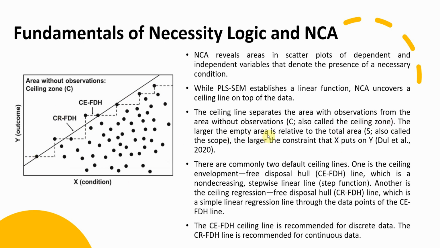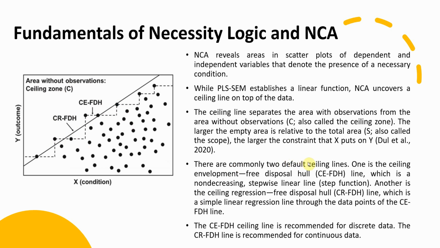The larger the empty area is relative to the total area, the larger the constraint that X puts on Y. So if you have more empty area here and all the observations are under this ceiling line, and this area increases in size relative to the area under the ceiling line, the larger is the constraint that X puts on Y. In such cases, X is an important precondition for Y, if you have more white space, more empty space here.